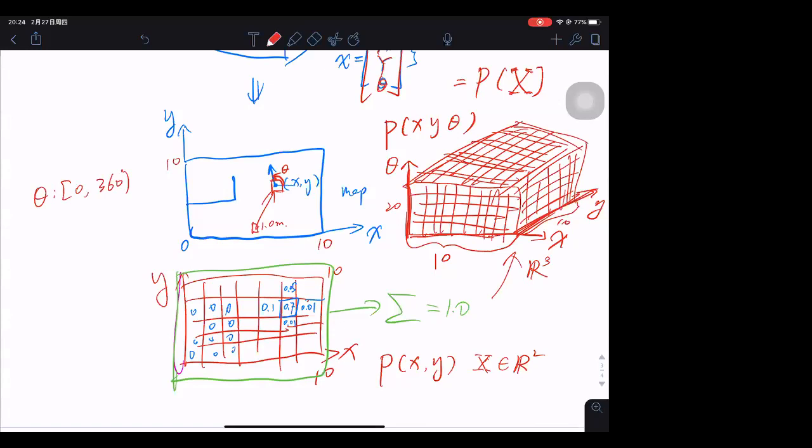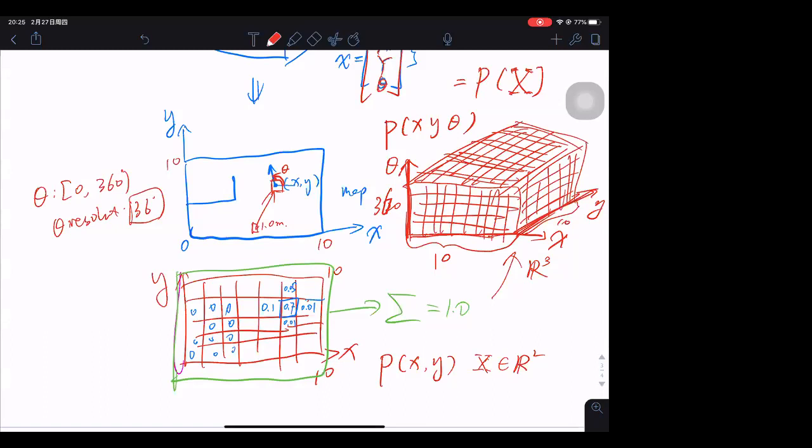If I choose 10 possibilities here, then my resolution for localizing the heading will be 360 divided by 10, which is 36 degrees. If I want 1 degree orientation resolution in the localization, I need to separate the theta axis into 360 separations.